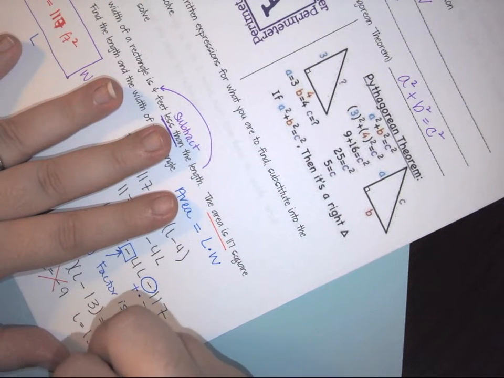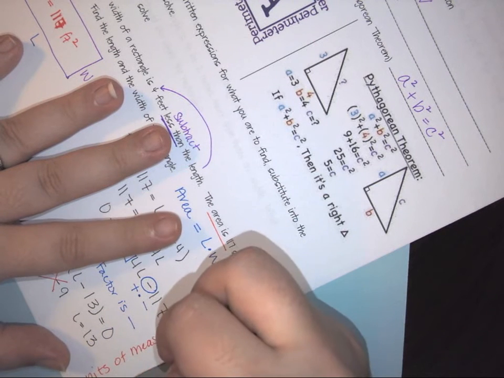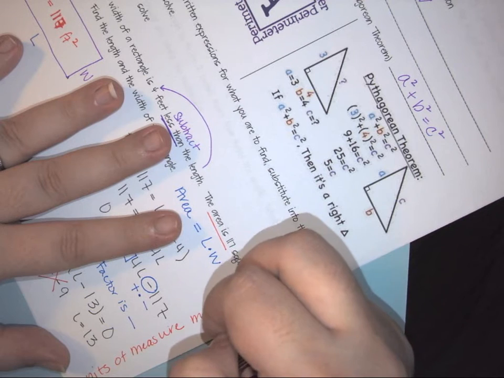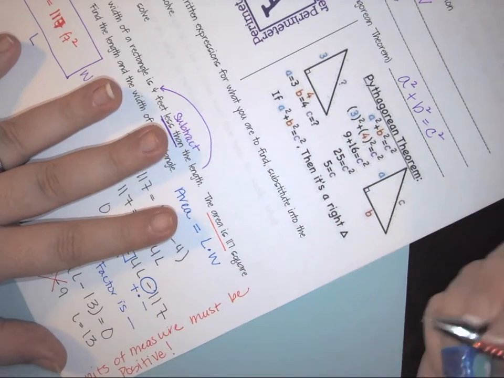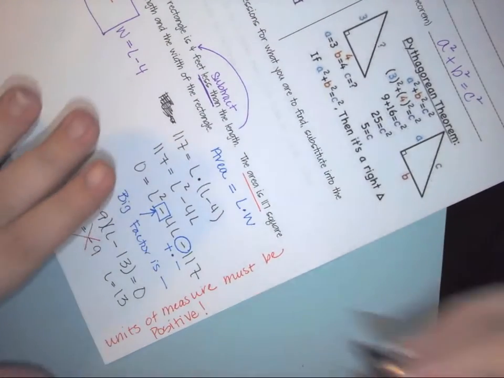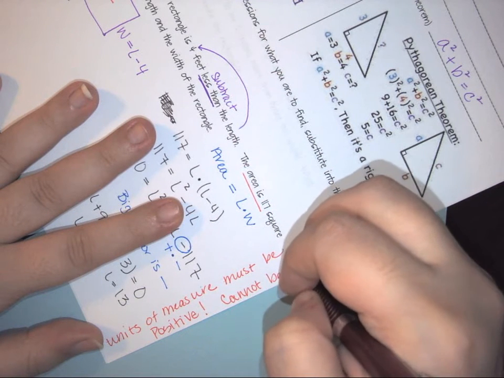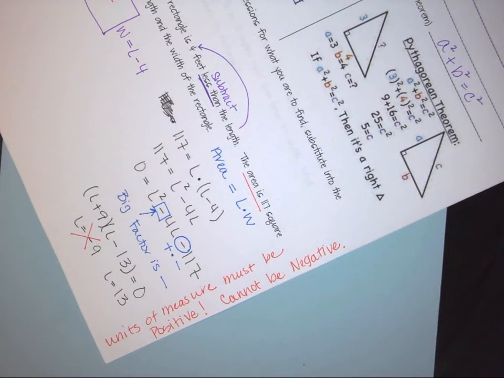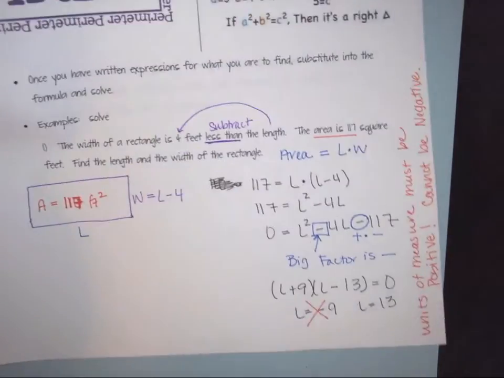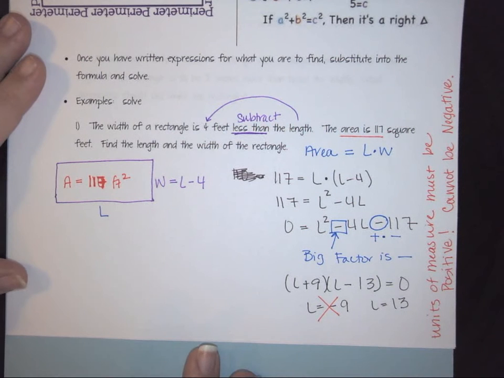So units of measure must be positive. Okay, what this means is that they cannot be negative. So when you're working with these problems and you're trying to solve, when you come up with a negative answer, it means that you can automatically disregard it.